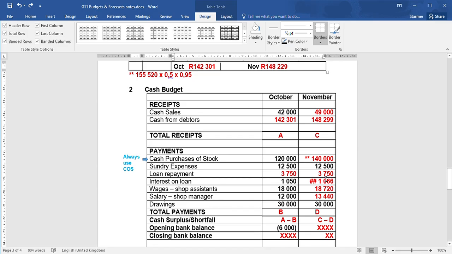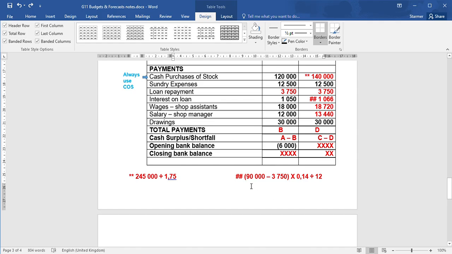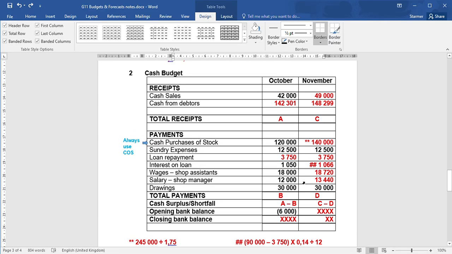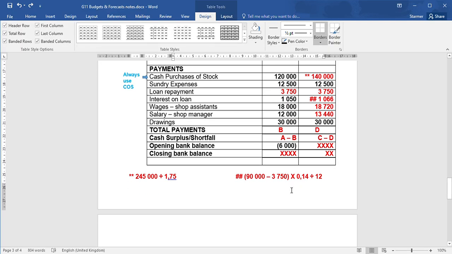Then in terms of the interest now, we take the loan original amount minus what we paid. We then times by 14%, but we only want it for 1 month. We want it for the month of November. So you divide by 12. So you take the original loan minus what you've repaid times the interest rate, divide by 12, and that's how I got the 1,066. Sorry, not 3,750, the 1,066.